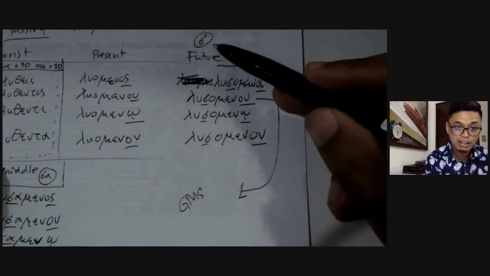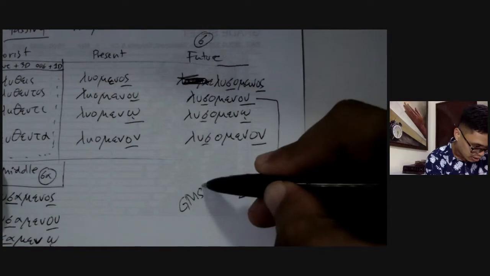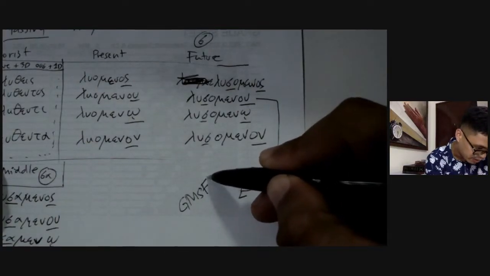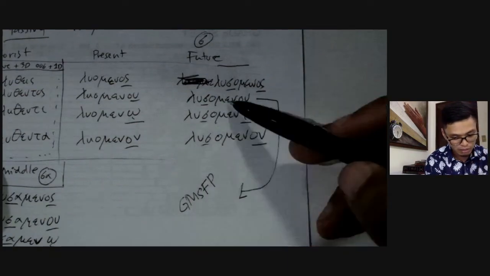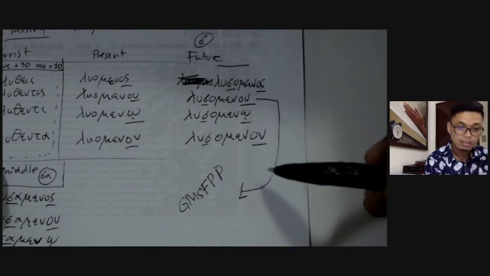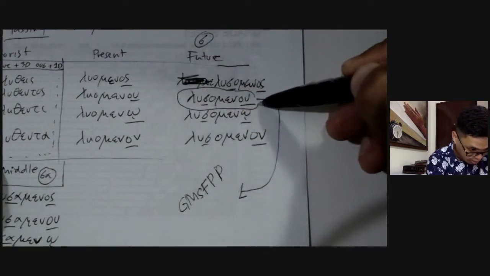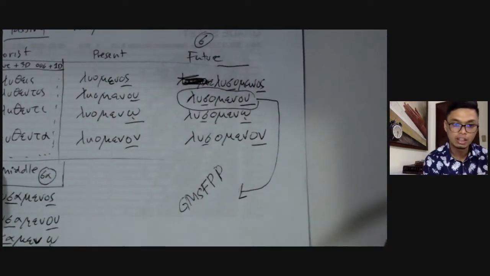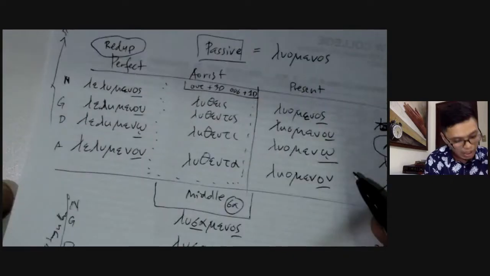The tense identifier here, sigma. So we have genitive masculine singular, future. Passive, how do I know it's passive? Because you're using men, right? Men is always passive, okay? Passive participle. So that's your parsing, right? Very easy. You can pause the video, take screenshots, and then you can do it yourself. You can parse these others by yourself.